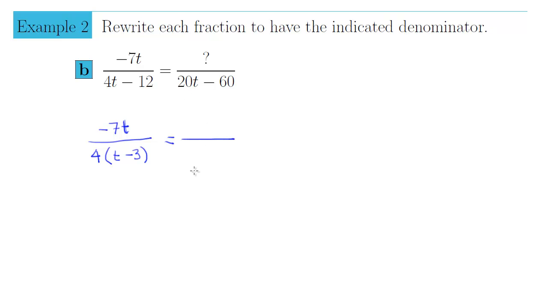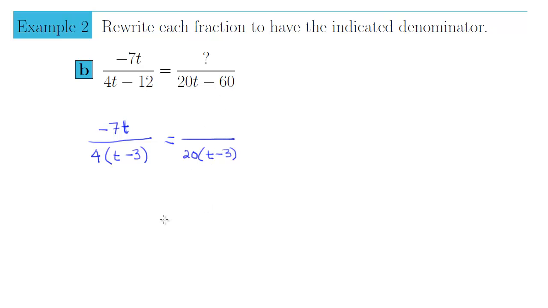I want to factor the denominator, and I'm going to again take out the greatest common factor from each term. In this case, we can pull out a 20. When I pull out a 20, I'm left with t minus 3. And let's check. 20 times t is 20t. 20 times negative 3 is negative 60.